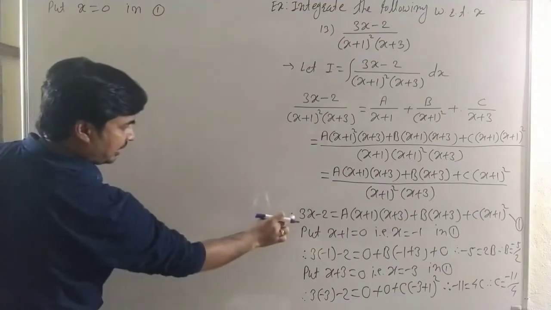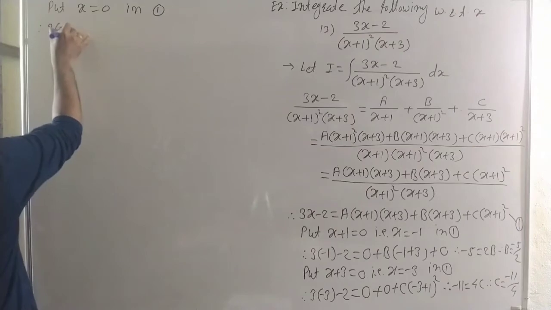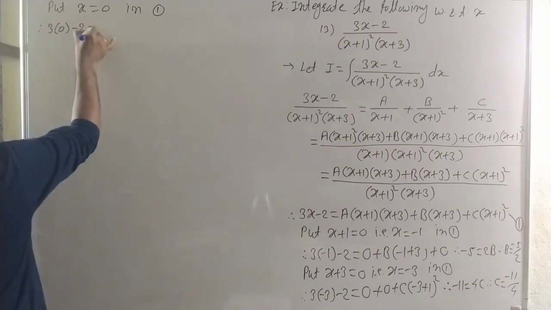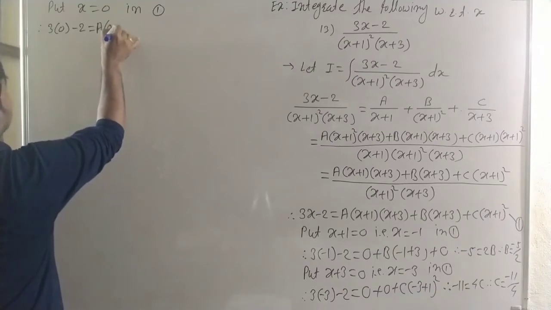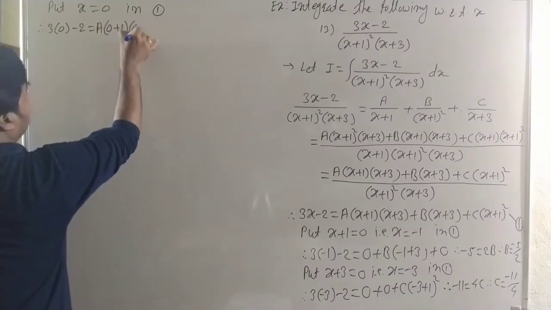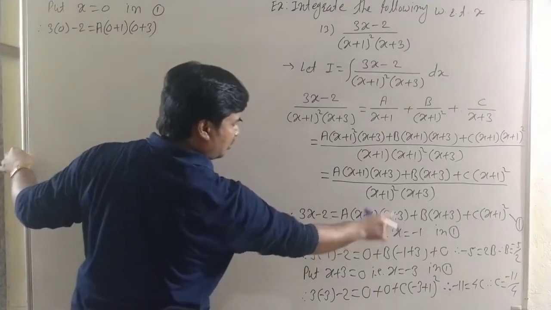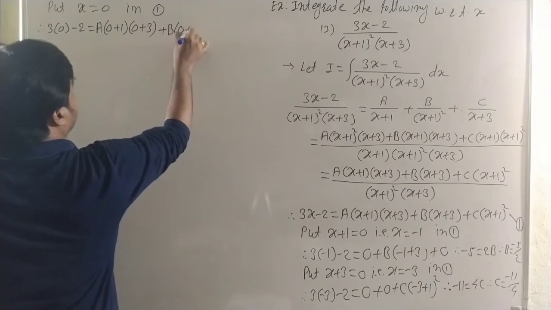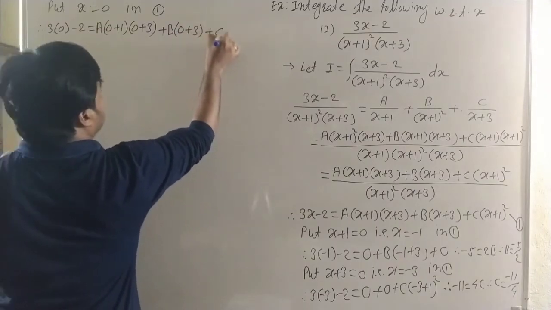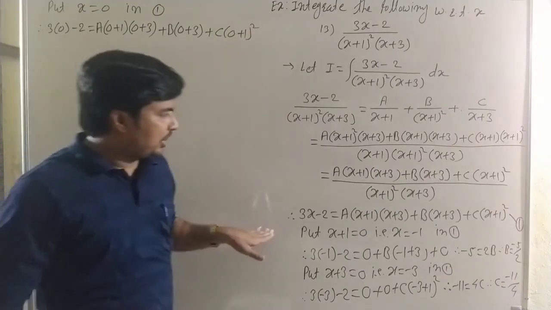Now here we get, therefore, 3 into 0 minus 2 is equal to, see carefully, a into 0 plus 1, into 0 plus 3, plus b into 0 plus 3, and plus c into 0 plus 1 square, when we put x is equal to 0.